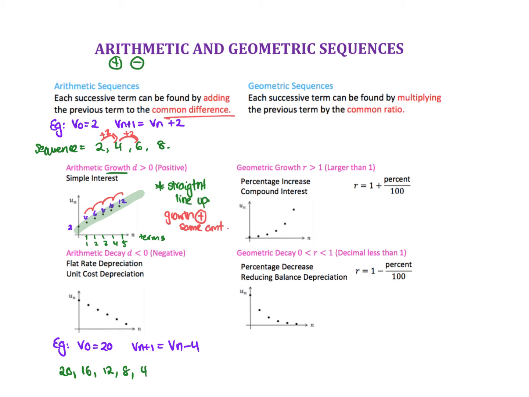It's still arithmetic because we're always minusing the same amount, always minusing 4. So arithmetic decay is a straight line down.